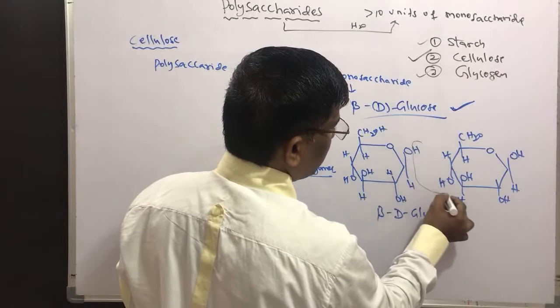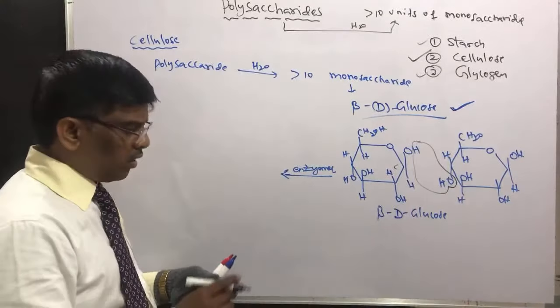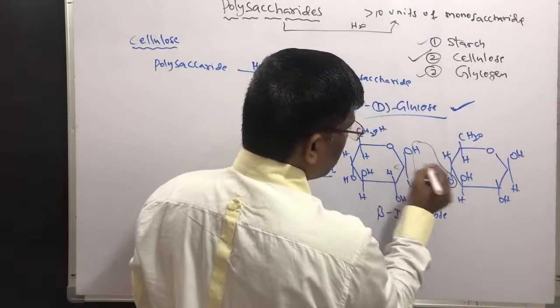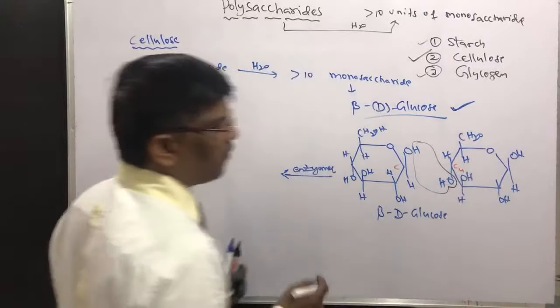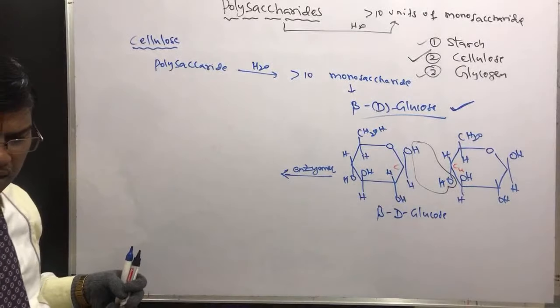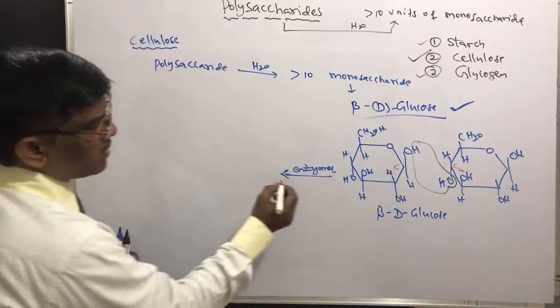So C1 of one glucose makes a glycosidic linkage with C4 of another molecule. C1 with C4, right? Losing water.